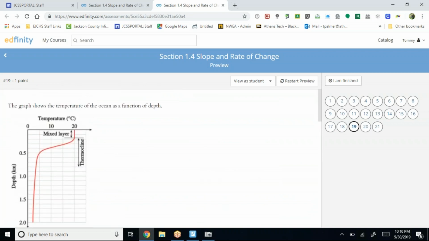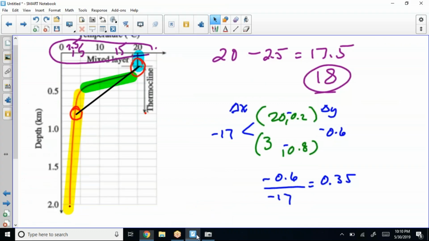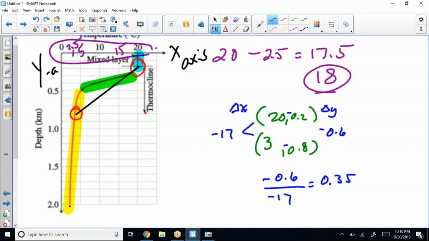So I'm going to scratch 19 because look right here, guys. X-axis, y-axis. Okay? It's change in y over change in x. And if you do the inverse, you get 28.